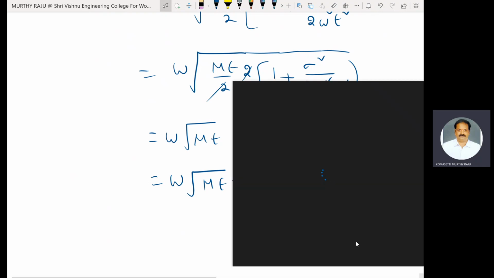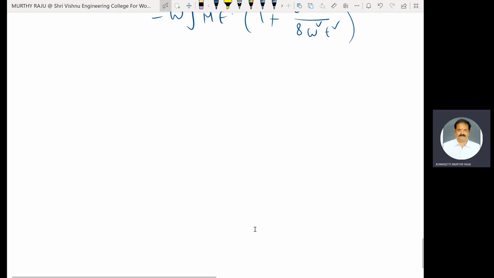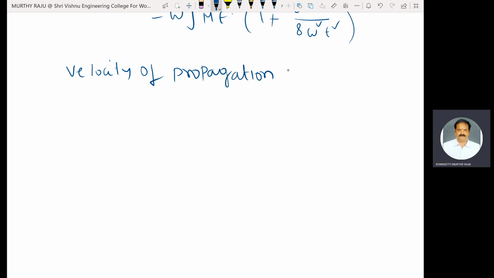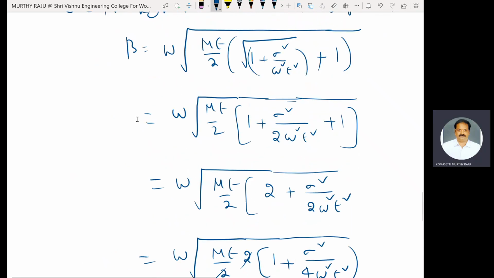the group velocity of propagation. The velocity of propagation v is equal to omega by beta. Here, this one is beta.